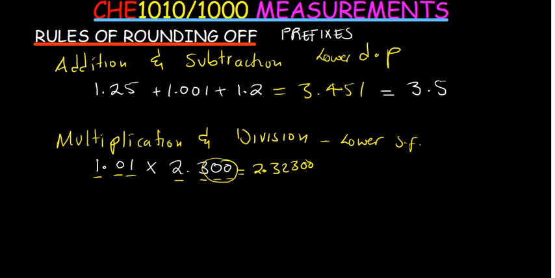So we have 4 significant figures in one and 3 significant figures in the other. So the final answer is going to be written to 3 significant figures. Therefore this value is going to be written as 2.32. These are 3 significant figures, just the first 3. We can't remove a 1 from here because the next digit is below what? It's below 5.